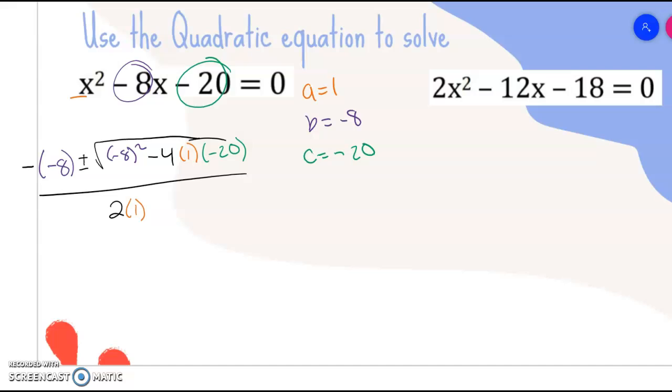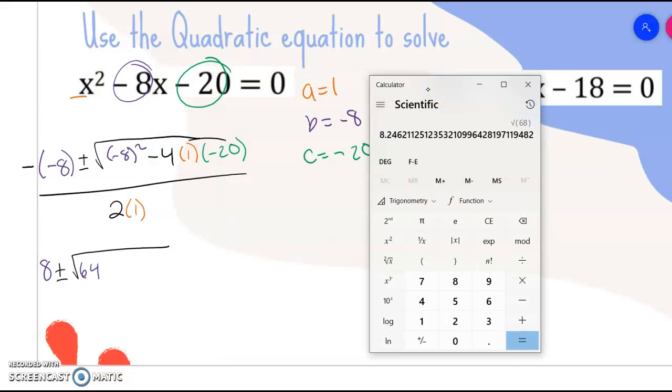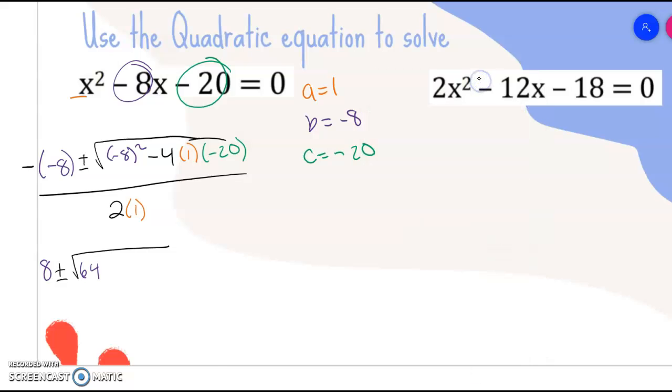Alright, 2 negatives make a positive, so I have a positive 8, which definitely will come in factored later. 8 squared is 64. Now here, remember, I have a negative 4 times 1, which gave me a negative 4. Now I have negative 4 times 20, which gives me 2 negatives make a positive.